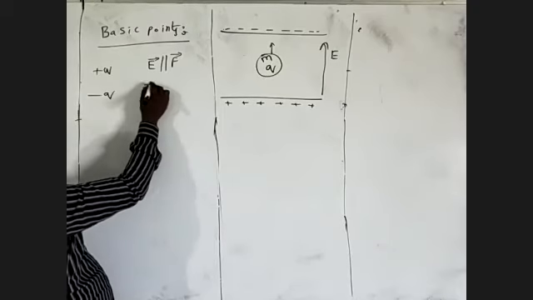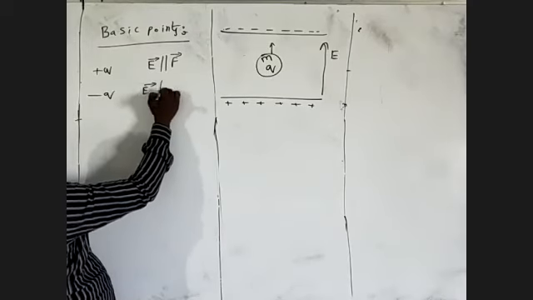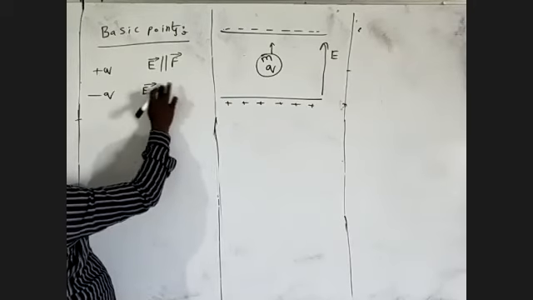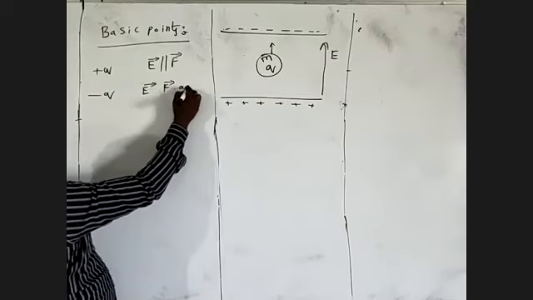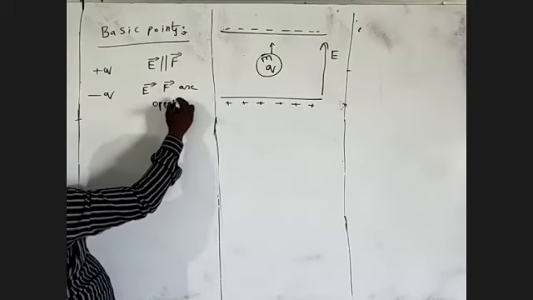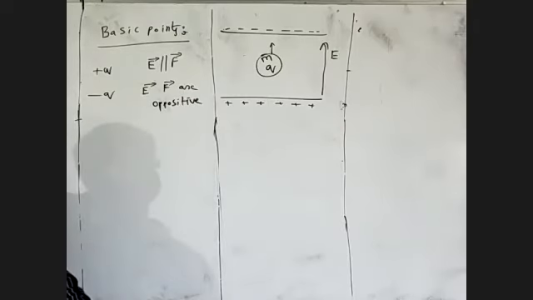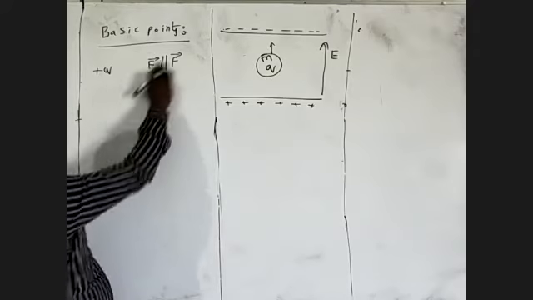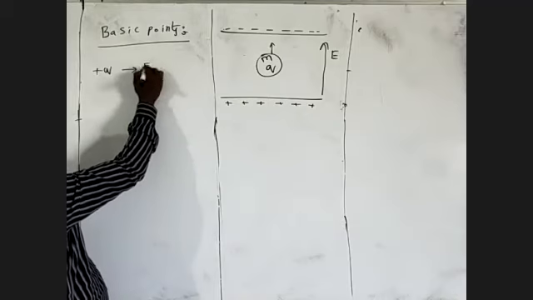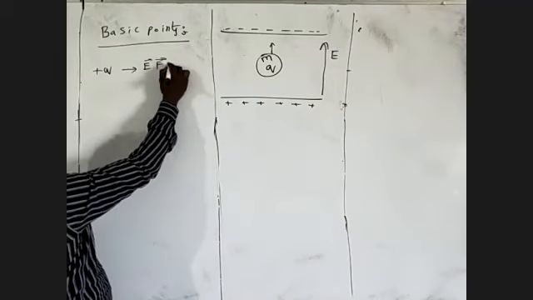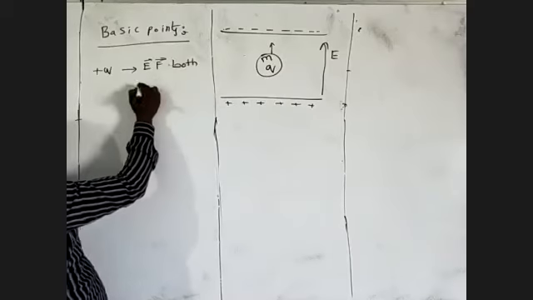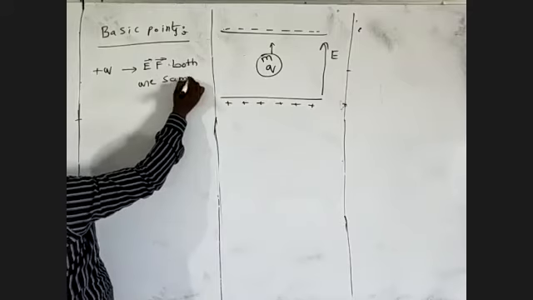For a negative charge, the electric field and the force are anti-parallel, both in opposite directions. For a positive charge, E bar and F bar are in the same direction.